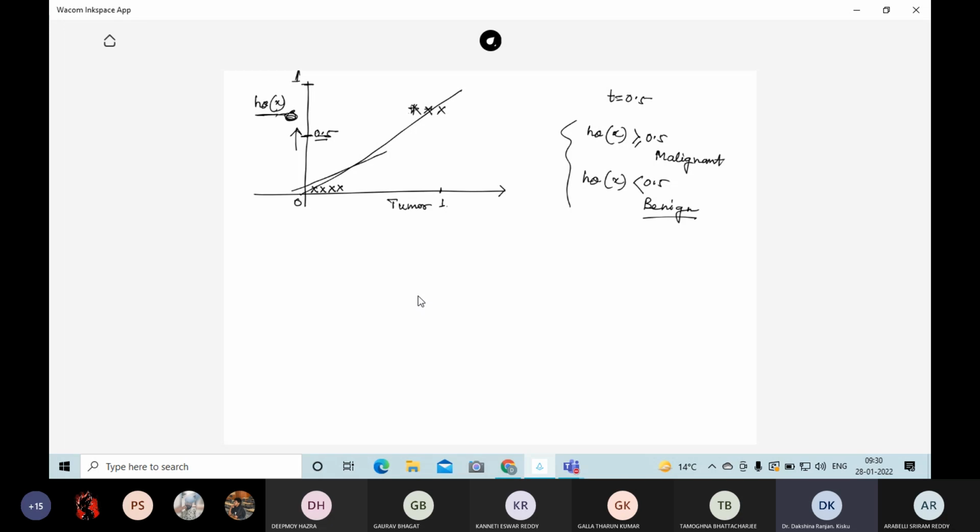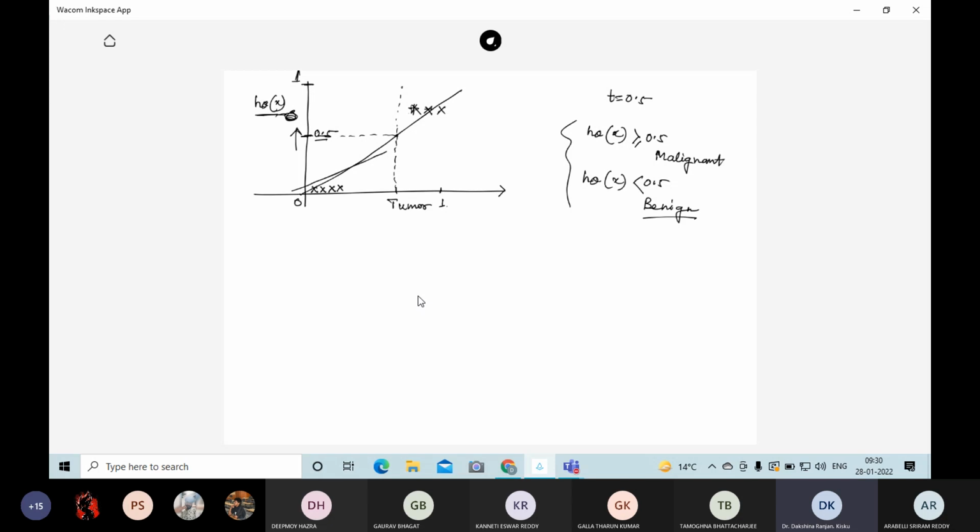So if we plot a point over here and try to estimate which training examples will become malignant and which will become benign, this will help us to estimate the predicted value.